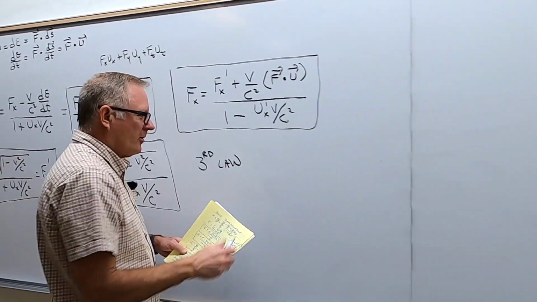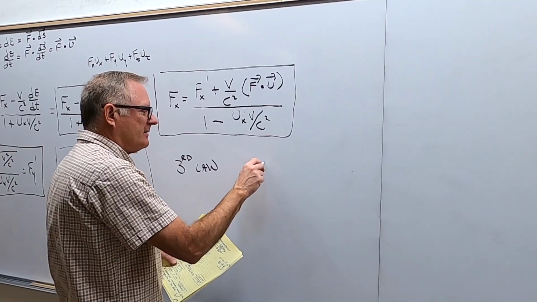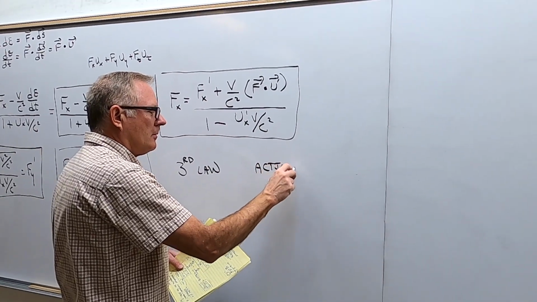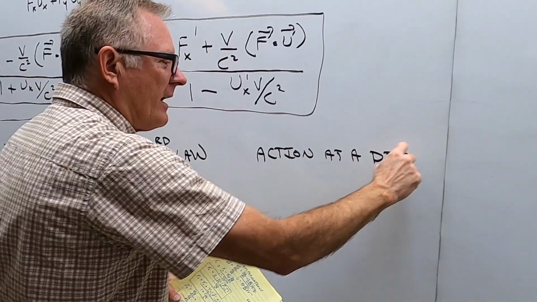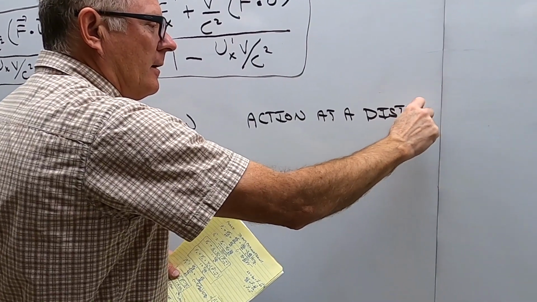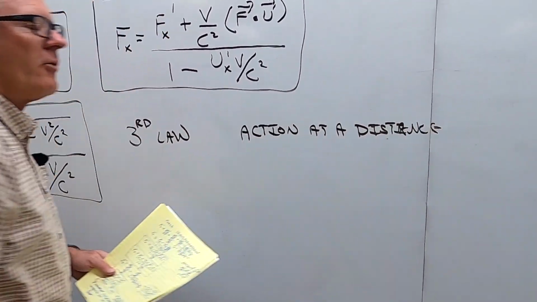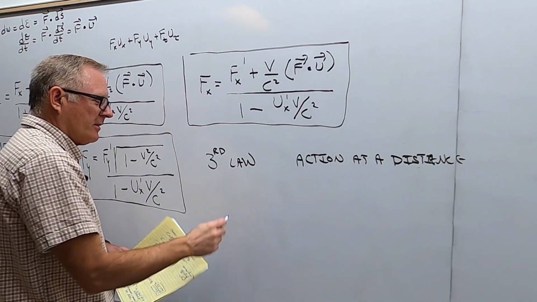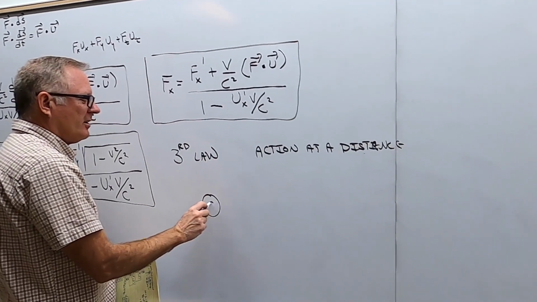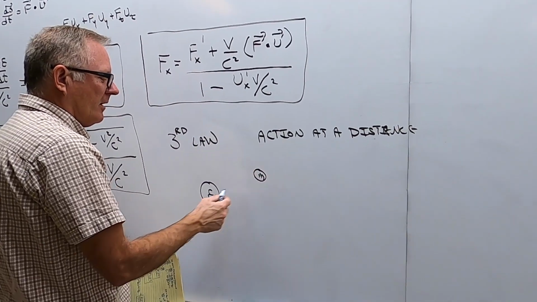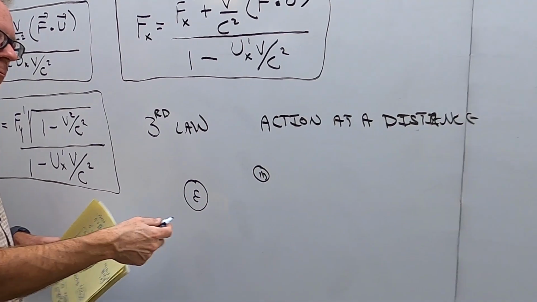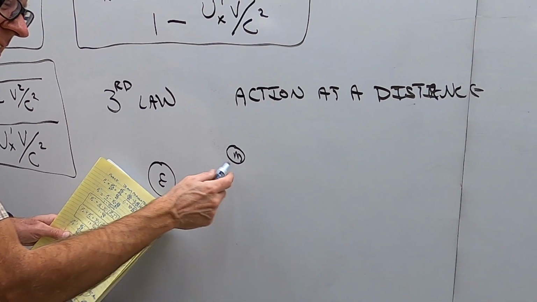And let me also bring up action at a distance. When do we have action at a distance? Well, let's say gravity right here. If we look at, say, this is the Earth, and this is the moon right here. The Earth and the moon are pulling on themselves over a distance.